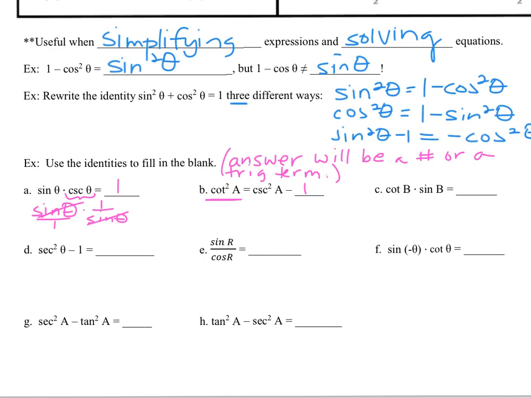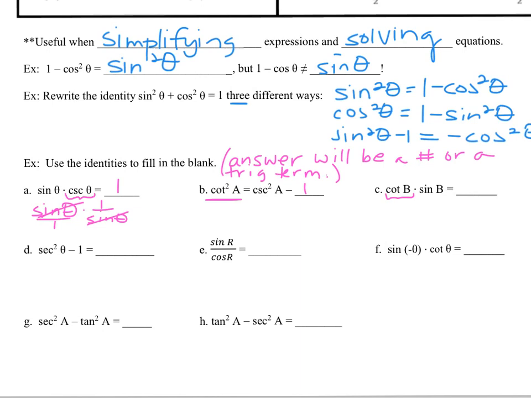Cotangent B times sine B. Well, if I look at the reciprocal identities, cotangent and sine aren't reciprocals of each other. So that one's not really going to be helpful. This is going to be an example where the quotient identity is going to help us simplify to one term. If you see cotangent B, that definition is the same as cosine divided by sine.